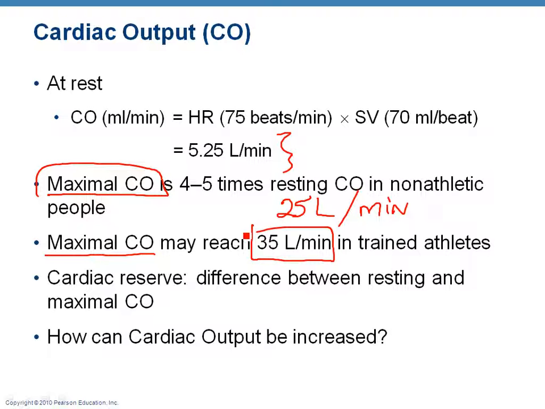Okay, now let's think about this. If you are running a marathon, why does your cardiac output need to go up? Well, what have you been learning about the function of your blood in terms of delivering things to all of the cells in your body, and its role in carrying away the wastes? If you are vigorously exercising, your skeletal muscles and other parts of your body as well need a whole lot more oxygen.